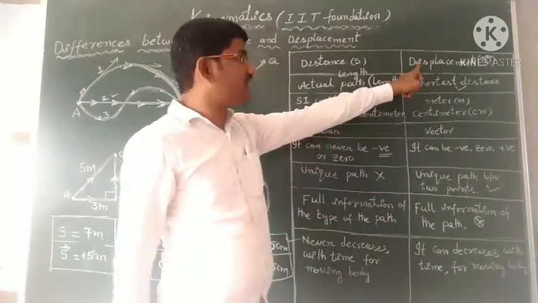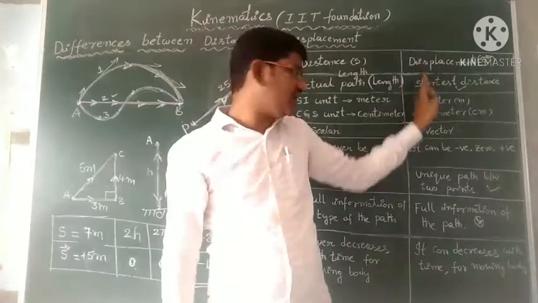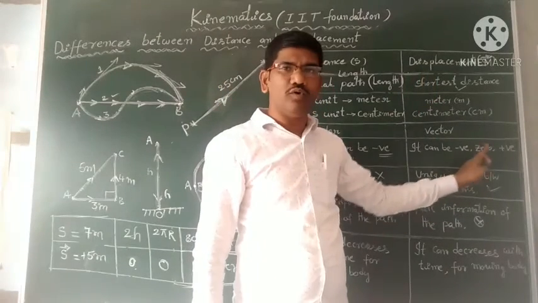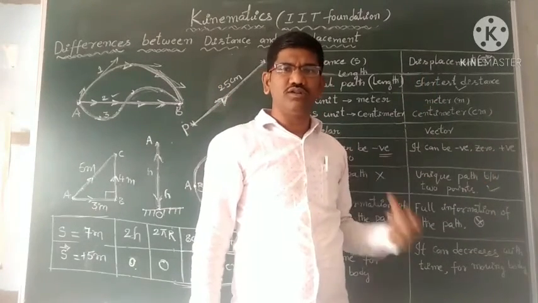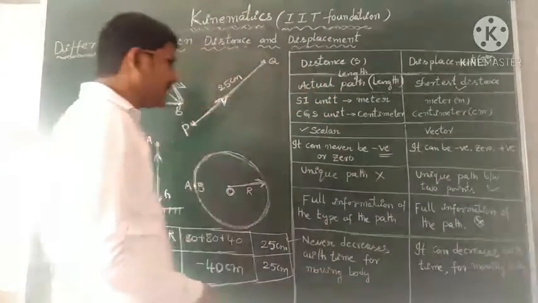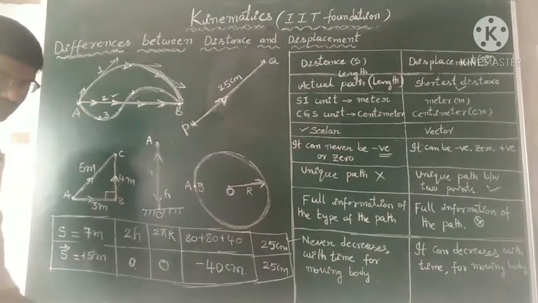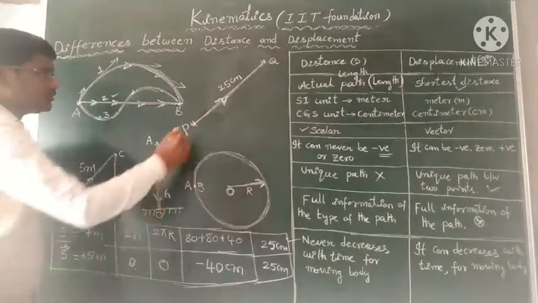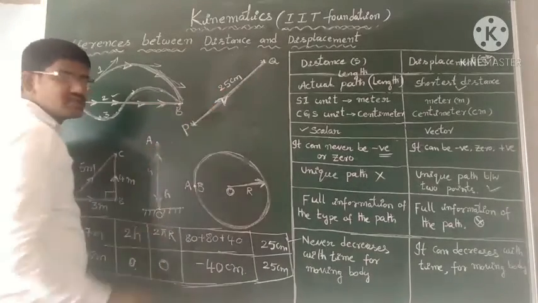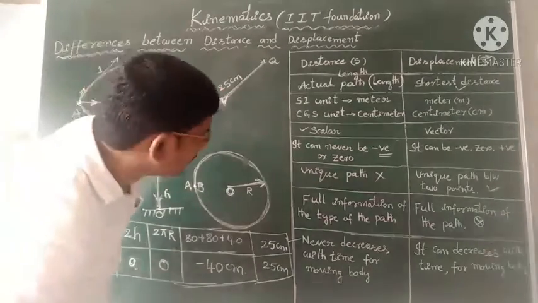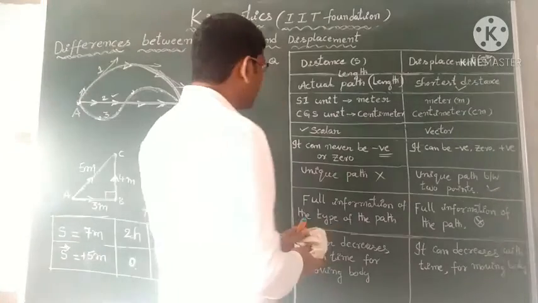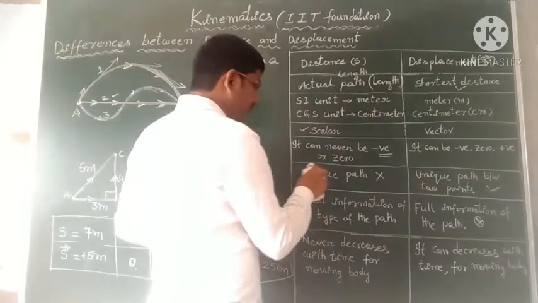So displacement is a vector quantity. It can be negative, positive or zero. And see my dear students, in this example, distance and displacement are equal. I forgot to write a point, I will write now.